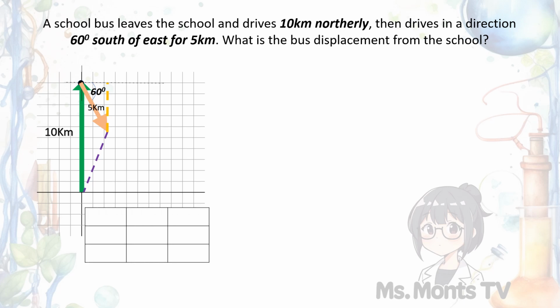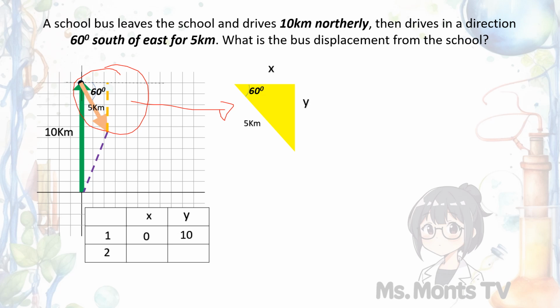So let's first get the x and the y component of the first vector, 10 kilometers north. So it is north, meaning no x component, and the y is 10 kilometers. For vector 2, we need to get the right triangle. We will identify the 5 kilometers as the hypotenuse, and the angle 60 degrees.